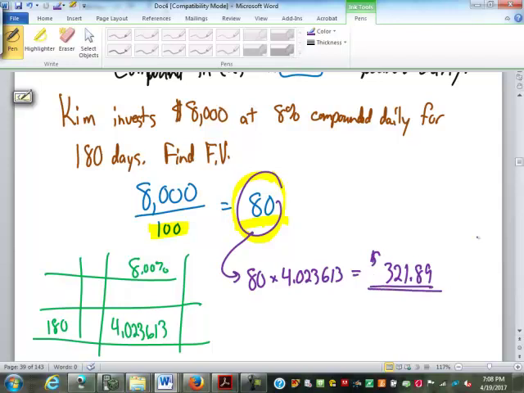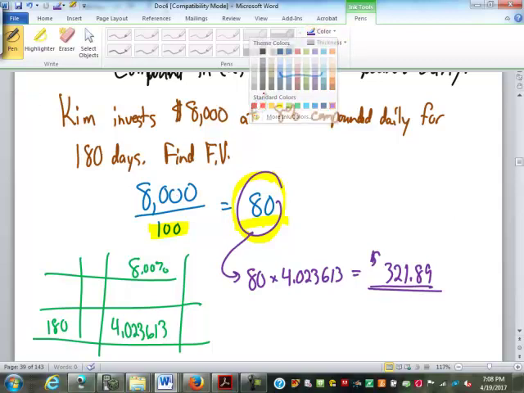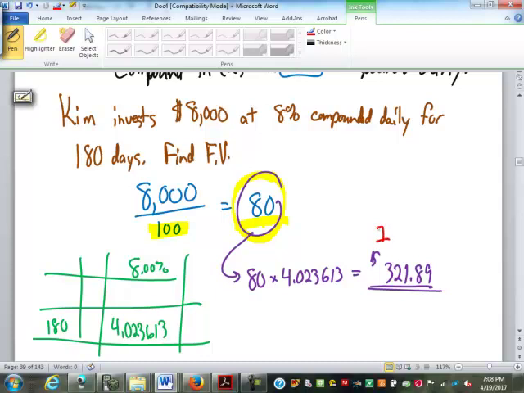Is that my answer? So I would hope not, because that's less than the 8,000 they put in, right? If you look at the title of this table, the other table said future value of $1 or present value of $1. This one just says compound interest. So what we just found there is the amount of the interest.